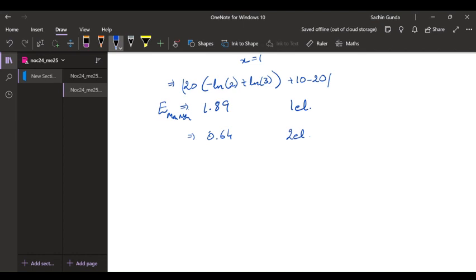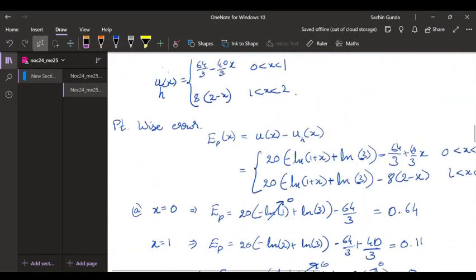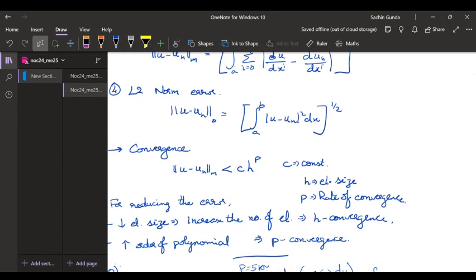Similarly, if you go for 3 and 4 elements, the error will further reduce as the size of the element reduces. This is nothing but the H convergence, which depends on the size of the element or the number of elements.